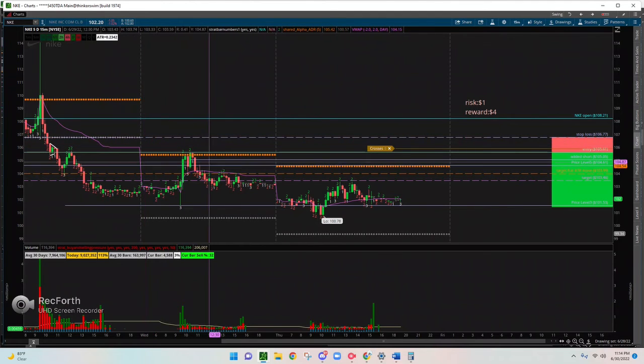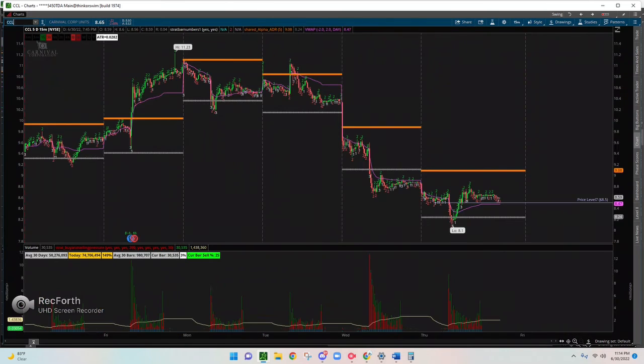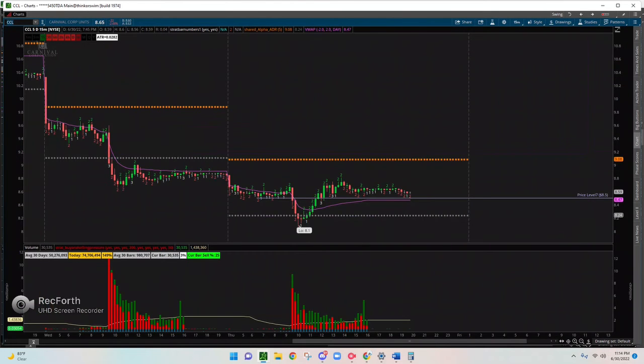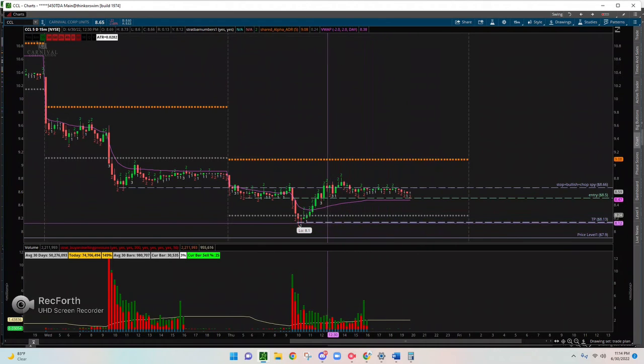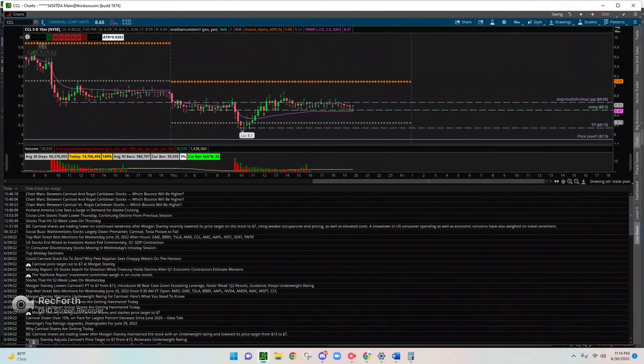Obviously, this is a really good entry, and not every entry is going to be like that. But again, find stocks that have news. Another one is CCL. That's one that I traded really well today. I took profit right here, damn near at the bottom. I made about $200 on this trade flat.